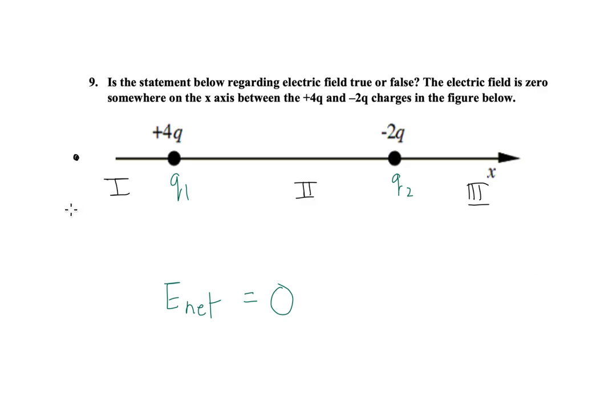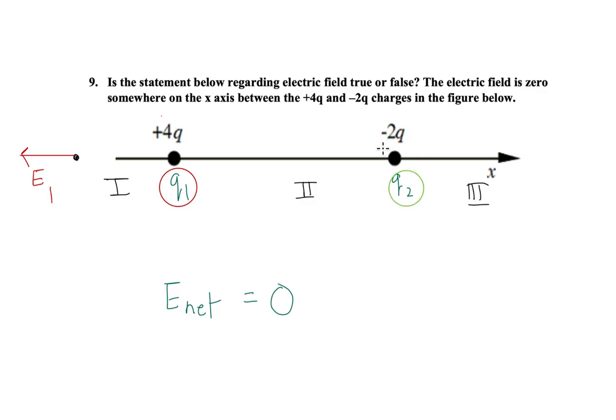Q1 is a positive charge, we can see that, it's plus 4Q. And for a positive charge, the electric field will point outwards. So I'm going to draw the electric field vector E1 outwards from Q1. It is going outwards, that means it will go to the left. Now Q2 is a negative charge.